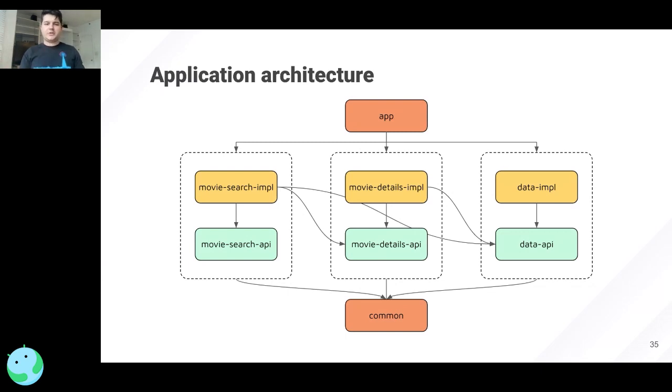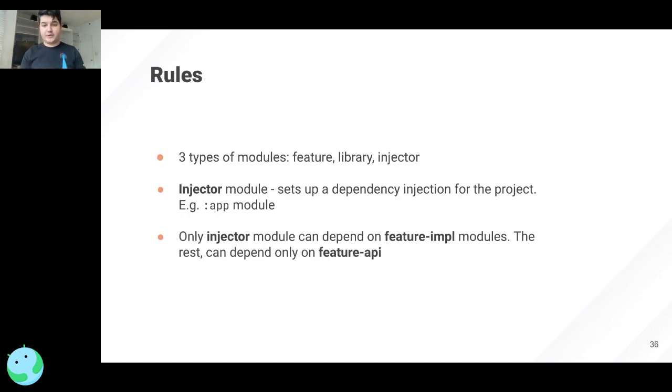And then we have the injector module. The injector module sets up dependency injection for the whole project. In the majority of projects, it's the app module, the root entry point to the application. It depends on all the rest of the application, and it can define dependency injection rules for all of them.